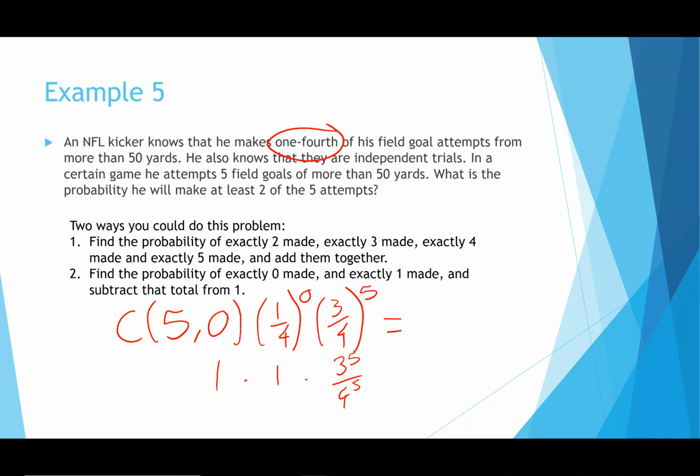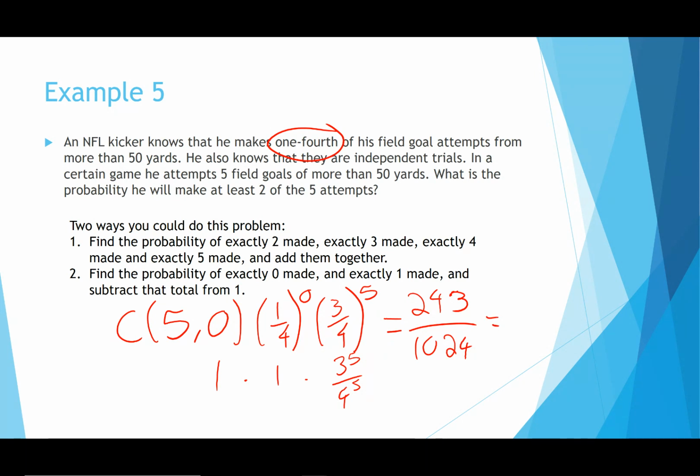So 3 to the 5th is 243 over, what's 4 to the 5th power? 1024. I'm going to go ahead and get this number as a decimal, if that's okay.